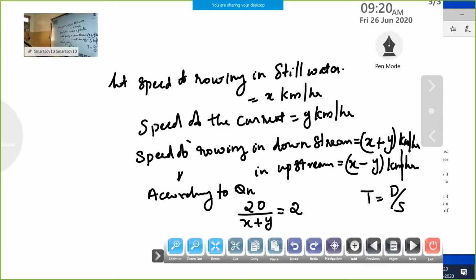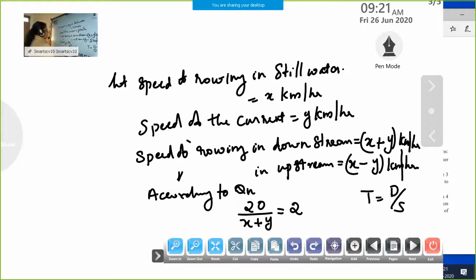According to our question, Ritu can row 20 kilometers downstream in 2 hours. That means distance divided by speed. Distance is equal to speed into time, or time is equal to distance divided by speed. 20 divided by x plus y is equal to 2.